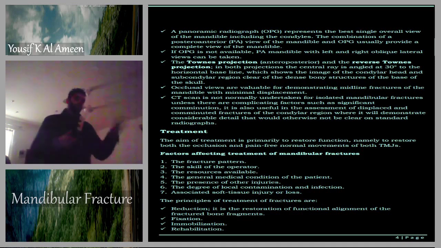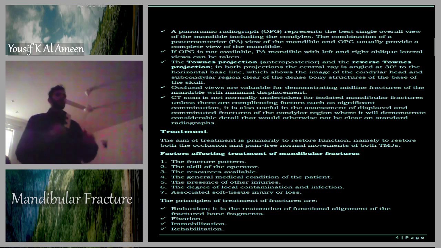The Townes projection is the next type that we will talk about now. There is the anterior-posterior Townes projection and the reverse anterior-posterior Townes projection.